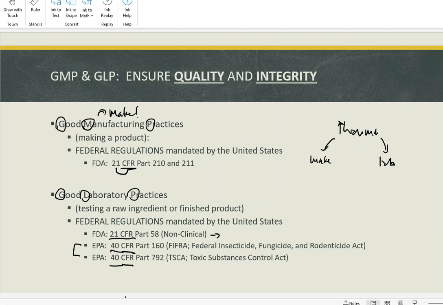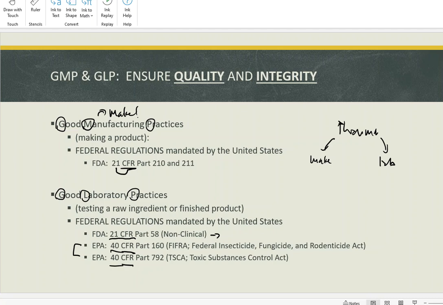All right, so those are more abbreviations, yay! But if we're working in the environmental field, those are going to be appropriate for us. If we're not working in the environmental field, then we probably don't need to pay attention to 160 and 792 unless we're working with those types of substances or materials.